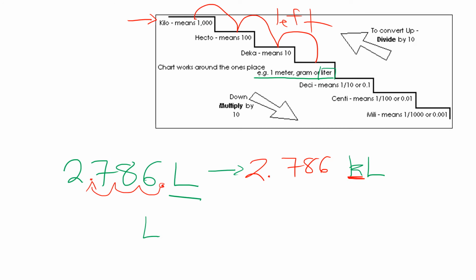This is a benefit of having our numbers in a base unit of 10. The actual place value of the decimal changes, and that's what changes the value of the number. But we didn't go from 2,786 to something like 10,000, like we would in the US standard system.